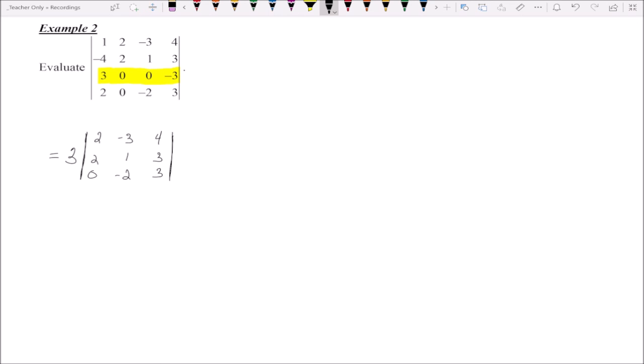The 3,2 entry and the 3,3 entry are both going to wind up being 0, so we don't need to worry about that. We now look at the 3,4 entry. That's negative, so it becomes negative, negative 3, which is positive 3, times the determinant of 1, 2, negative 3, negative 4, 2, 1, and then 2, 0, negative 2.